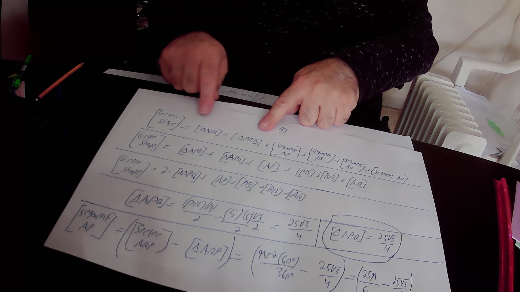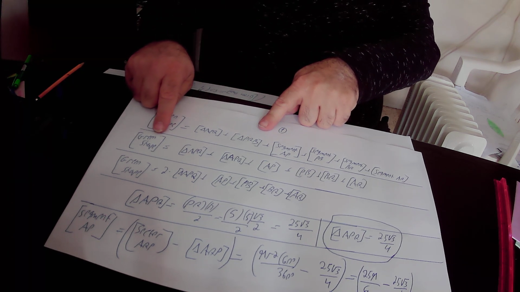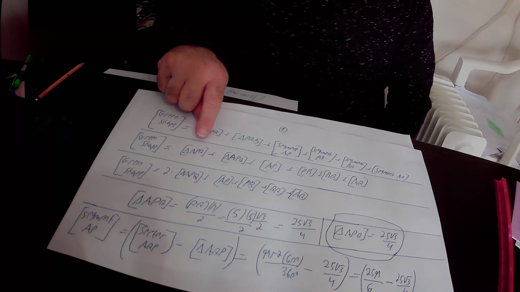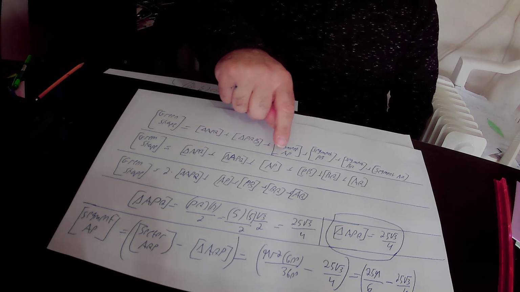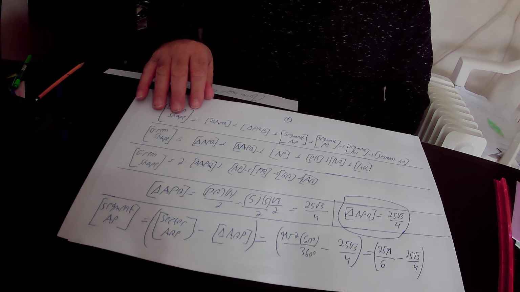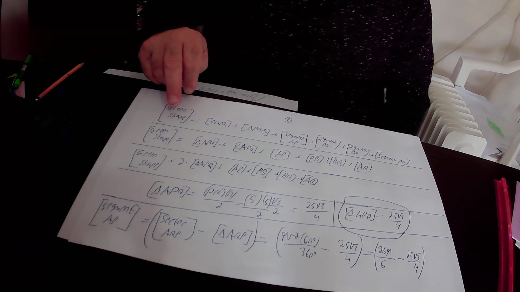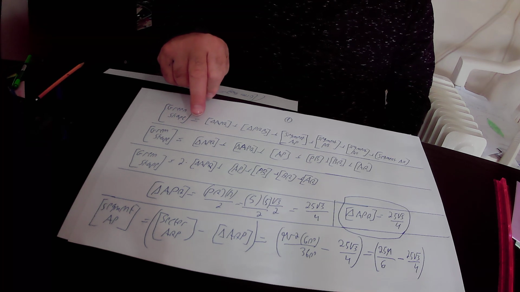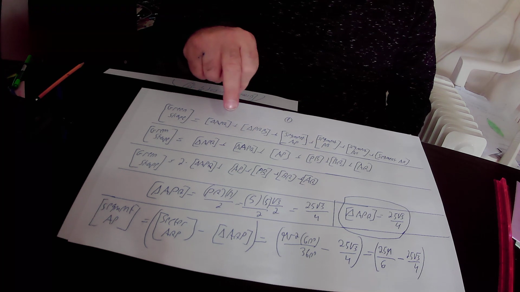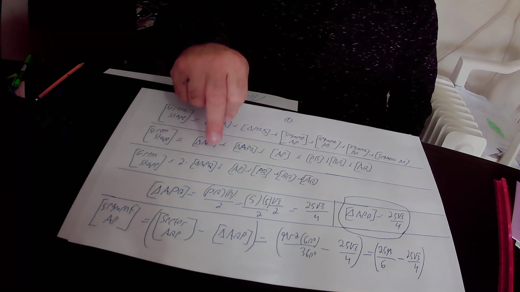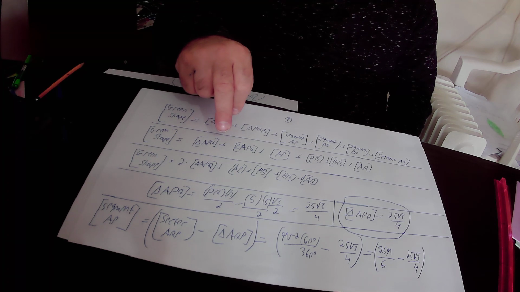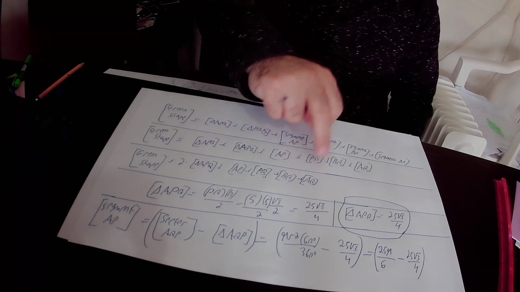We did it, and we got that the area of the green shape equals the area of triangle APQ plus the area of triangle APQ plus the area of the 4 segments. So the area of the green shape equals 2 times the area of triangle APQ plus the areas of the 4 segments AP, PB, BQ, and AQ.